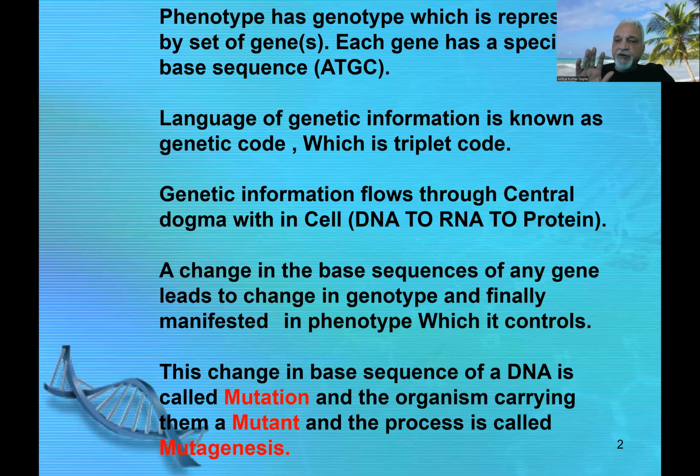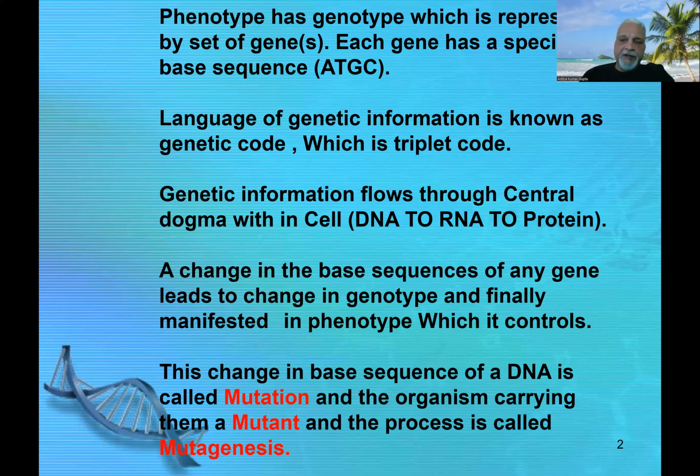So these three terminologies are very, very important for you to understand. And I will talk about two of them today, that is mutation and mutant. Mutagenesis is the process which helps in bringing about this change. And when we talk about how this change in the base sequence takes place, it is spontaneous, it happens on its own, or it can be induced.